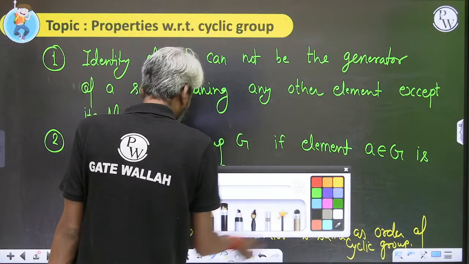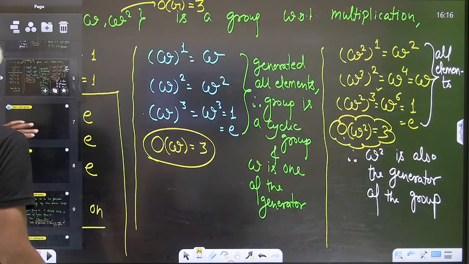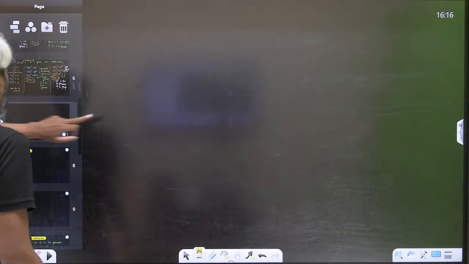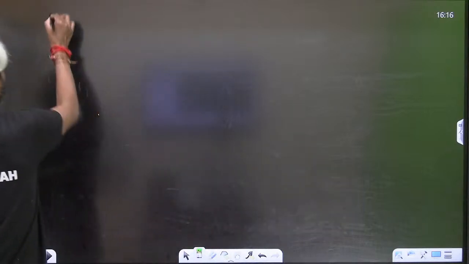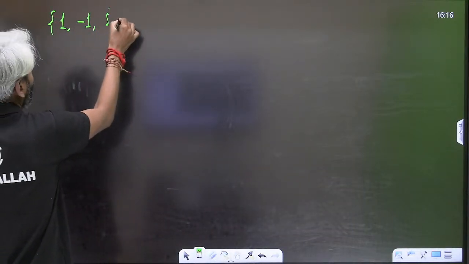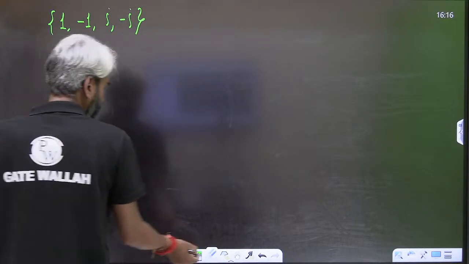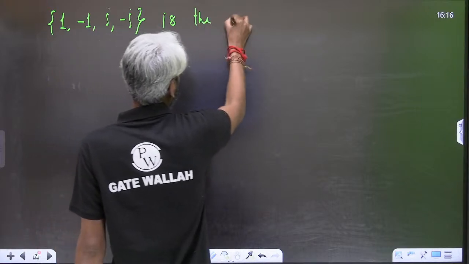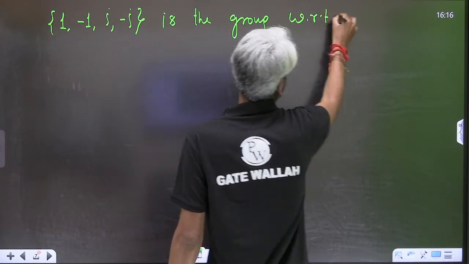Okay, what else? Let's take another example and try to derive some more. So we know 1, -1, iota and minus iota is the group with respect to multiplication.